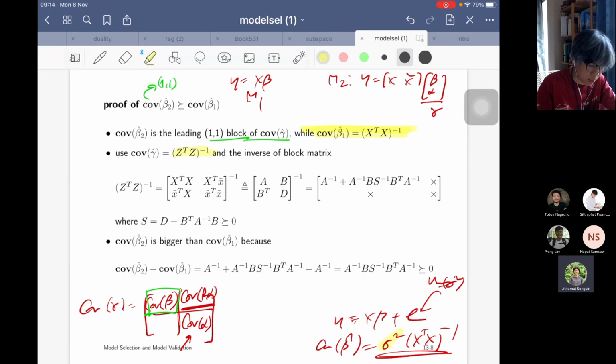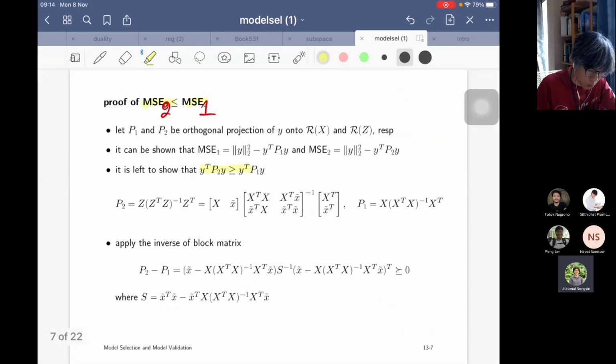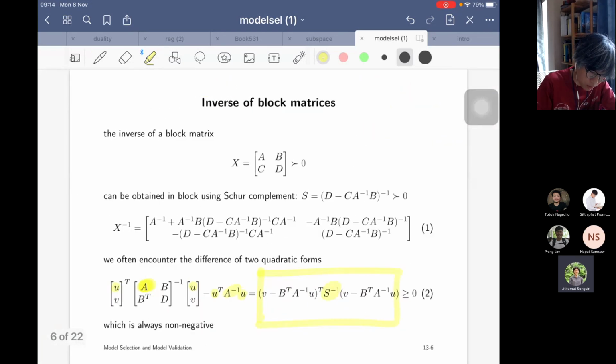So Z transpose Z inverse is this matrix. But then we need to extract the leading one block of this, because the covariance of beta 1 hat is the leading one block of this guy. So after the inverse, we're going to take the one block. Then we use this result, the inverse of a block matrix.